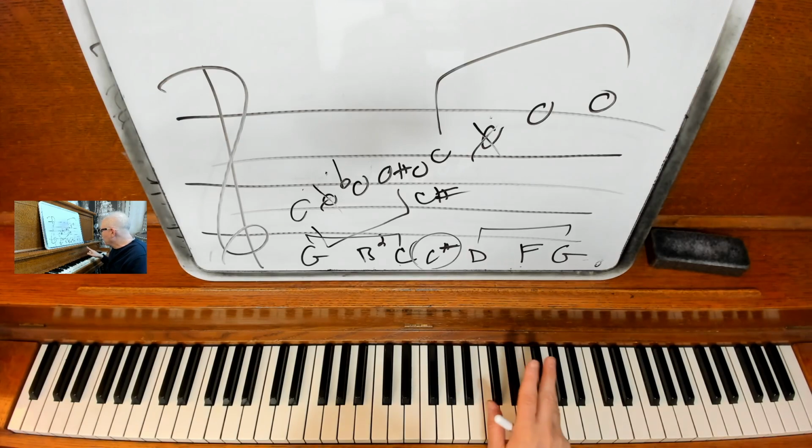Typically when we talk about tetrachords, we talk about perfect fourths, but there are tetrachords that are bound by these augmented fourths, or you can consider them the diminished fifth. And this is an instance where it's very useful to have those shapes in your hand.